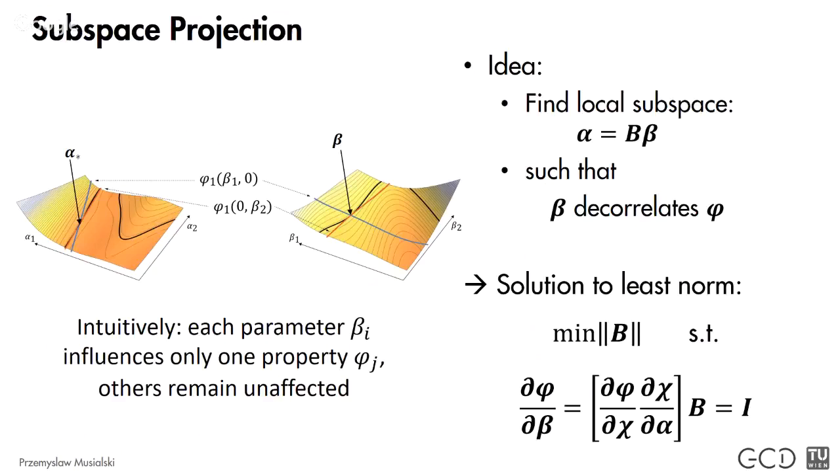So this is basically what I tried to explain here, so that each parameter influences only one property. And if this is the identity, then all other parameters, if you map it to this space, are tangent to the level set, and this level set, this black line, is the actual level set of the function. So they are tangent to the level set for this particular property phi 1.